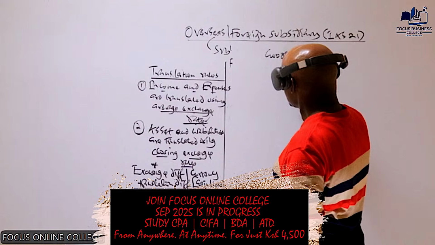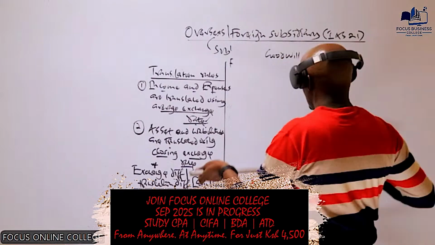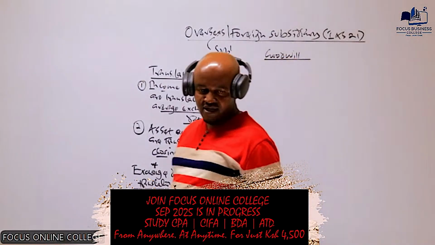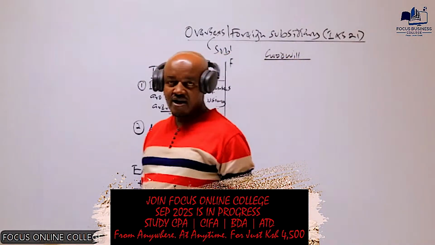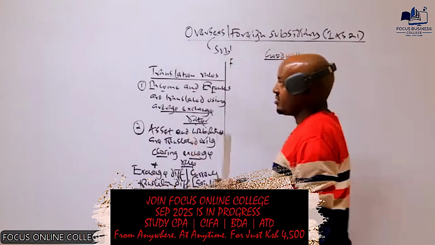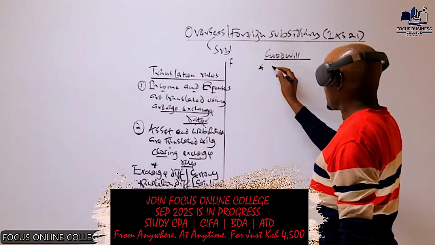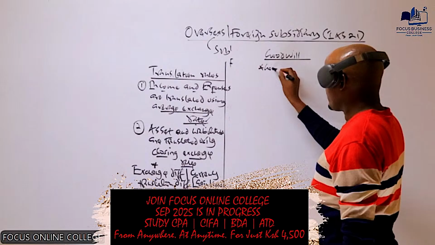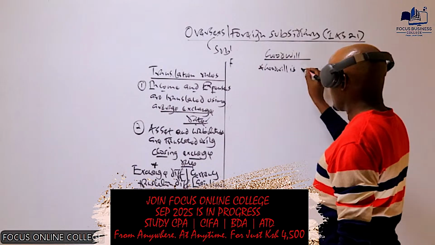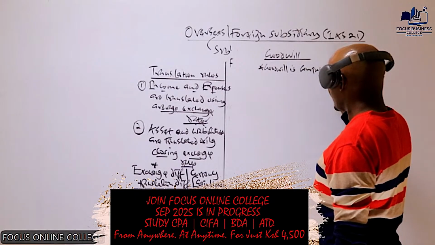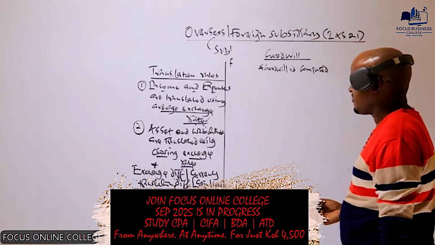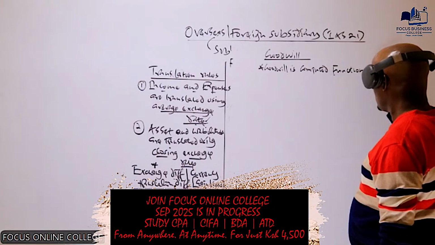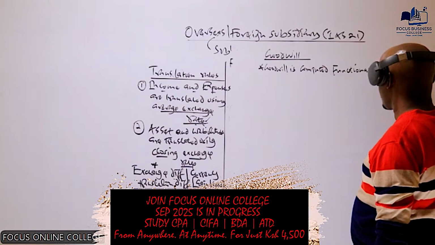The goodwill. So remember, goodwill is the difference between the purchase consideration paid by the parent company and the net assets which were acquired. What is important to note here is that goodwill is computed using the functional currency, which is the local currency.